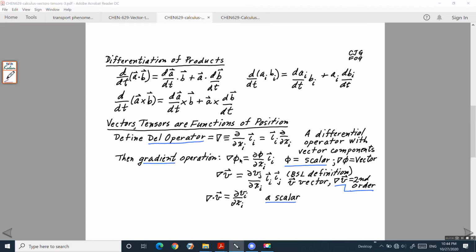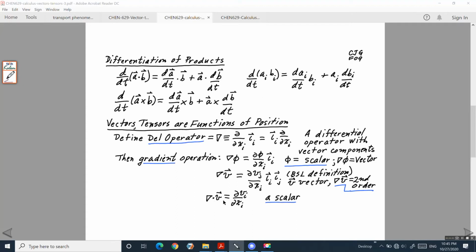The gradient can be represented by this form, and then the partial derivative of the scalar with respect to any coordinates, you can get that form. For the gradient of the vector, we can represent in here, and this result gives the vector, and this gives a result as a second order tensor if you see from the two unit vectors.